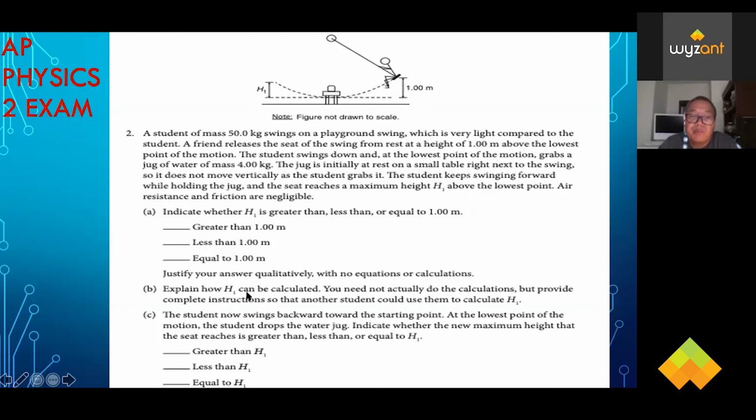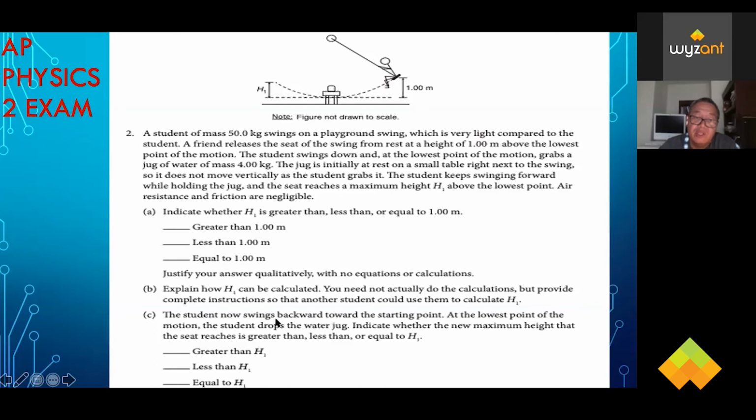Then B, explain how H1 can be calculated. You need not actually do the calculation, but provide complete instructions so that another student could use them to calculate H1. So you describe your idea. You don't have to calculate exactly, but you need to have the idea of how to calculate that.